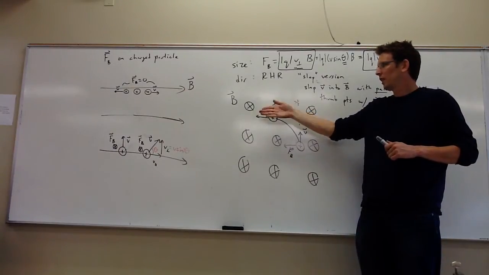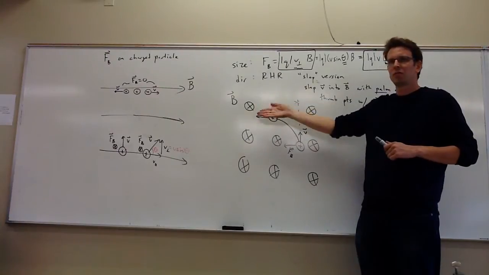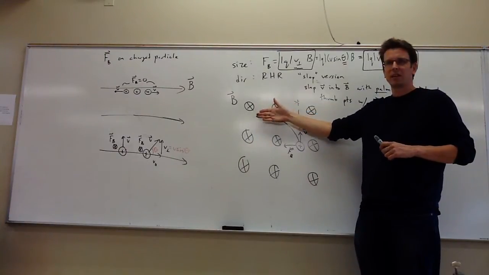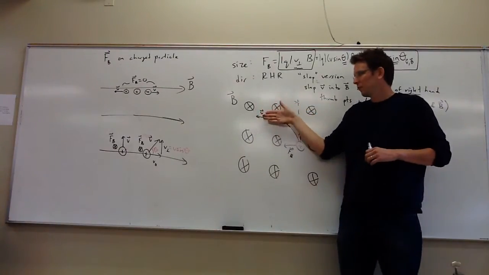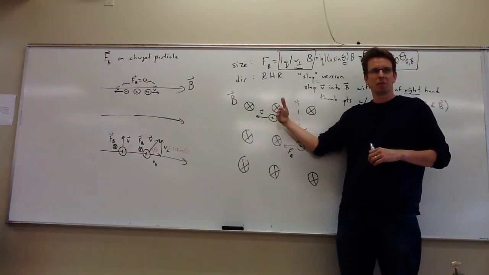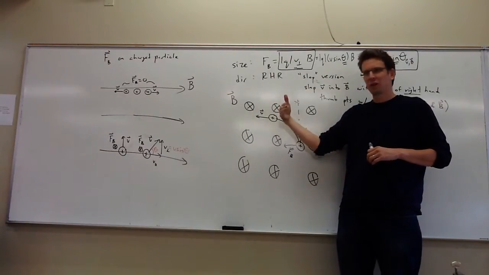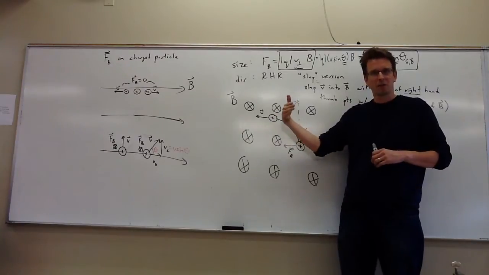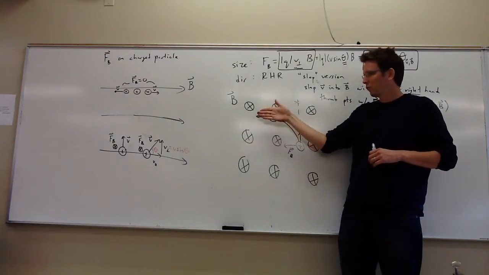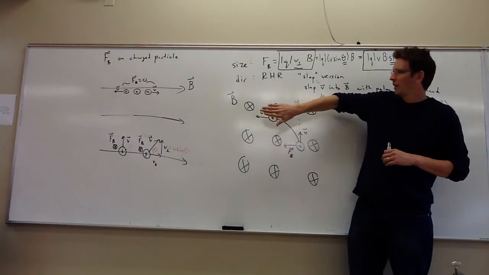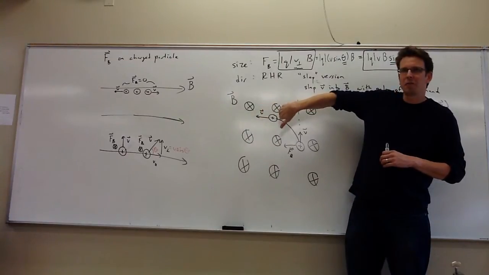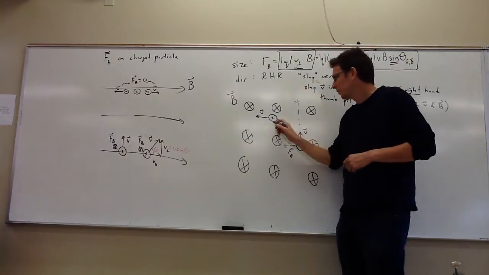Okay, and now I have to decide how to orient my palm to be able to slap V into B. Again, here's another common mistake. V into B. There's nothing going this way. The magnetic field is not coming out. So flip your palm around and slap V into B, which points into the page, and the force is going to be down.